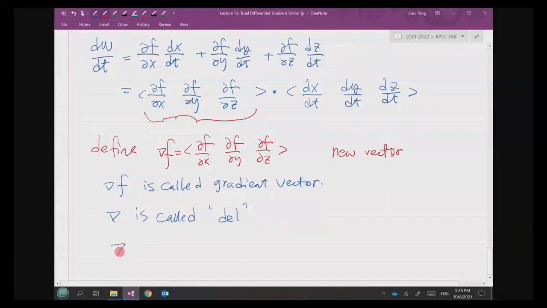So del more precisely is defined as a vector operator. It's a vector, and each component of the vector is a partial derivative operator. So when you apply the del operator in front of a scalar function f, then you get a vector. And each vector's component is the first order partial derivative.